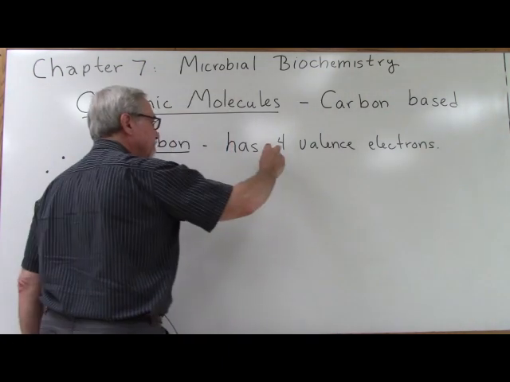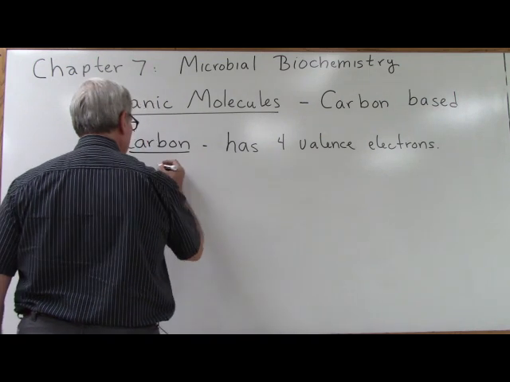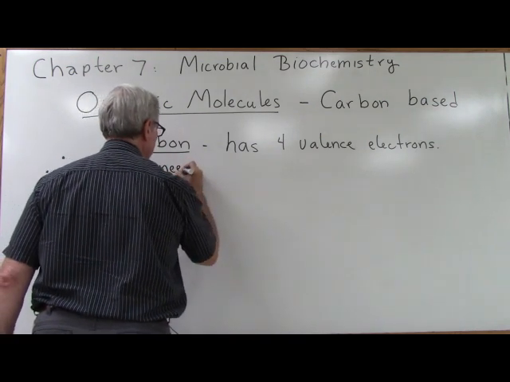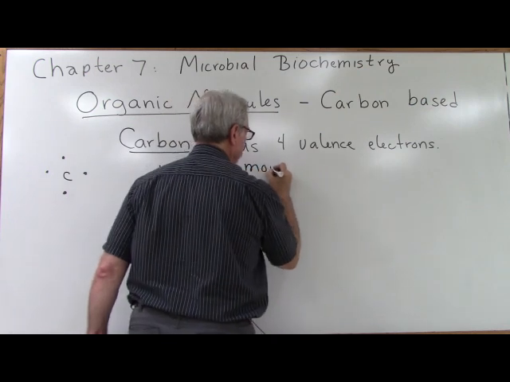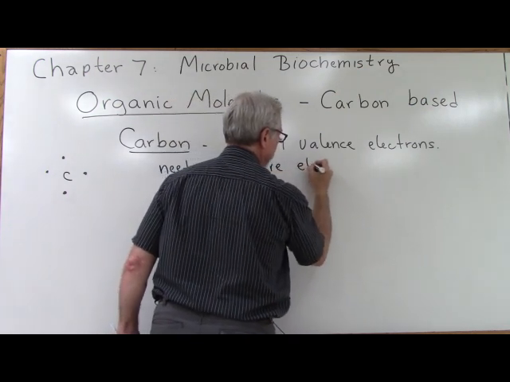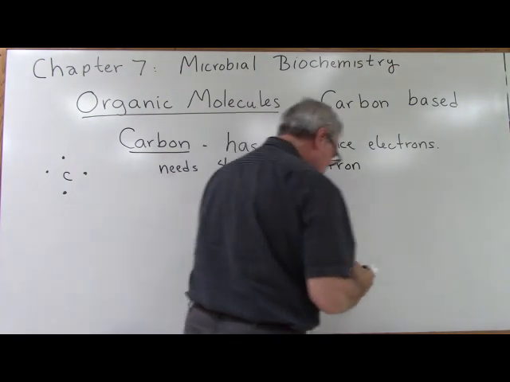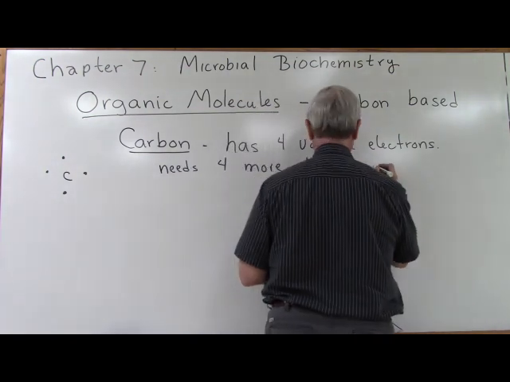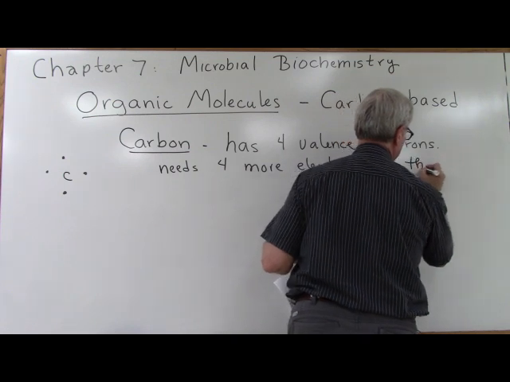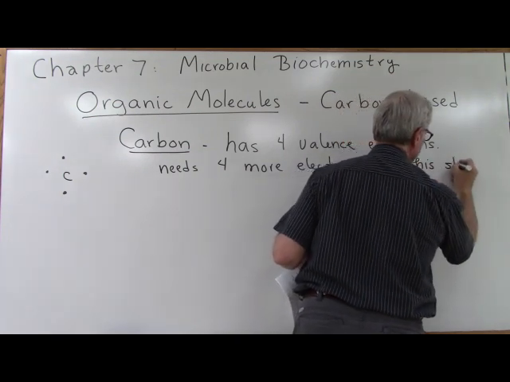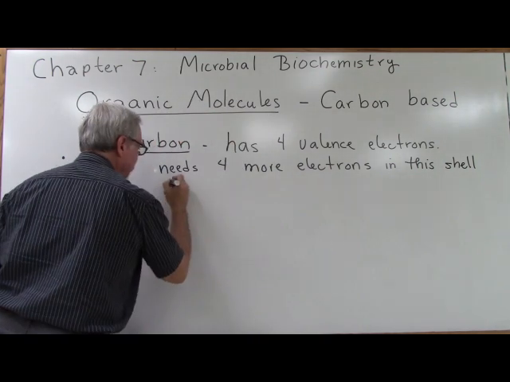The fact that it has 4 valence electrons means that it needs 4 more electrons present in this shell to be chemically stable.